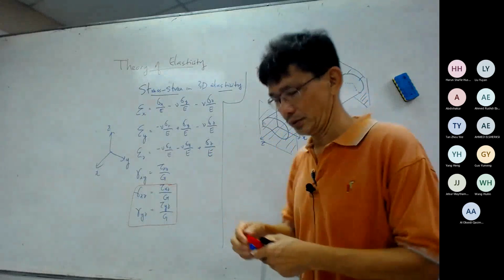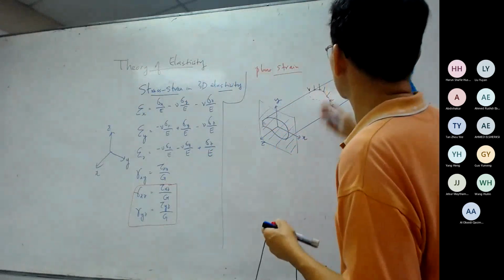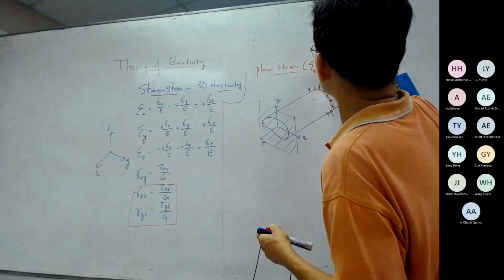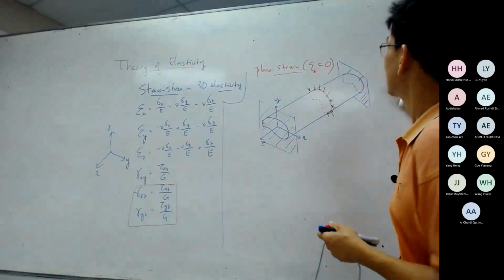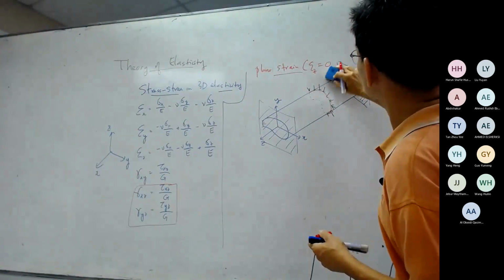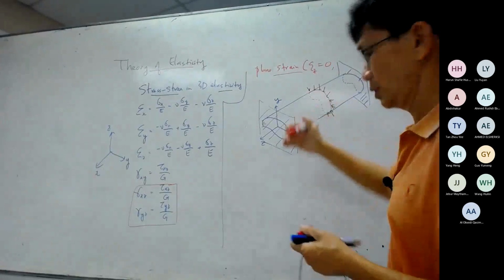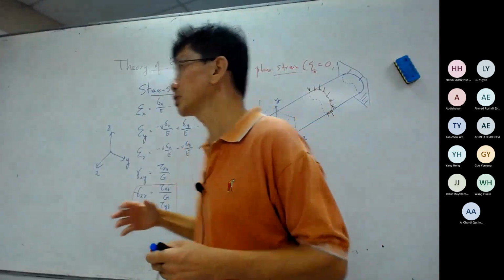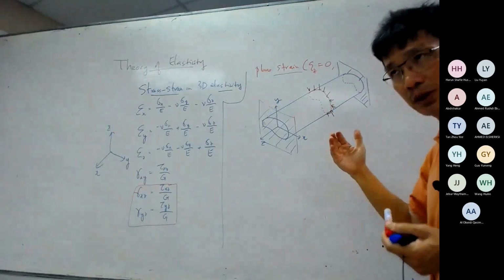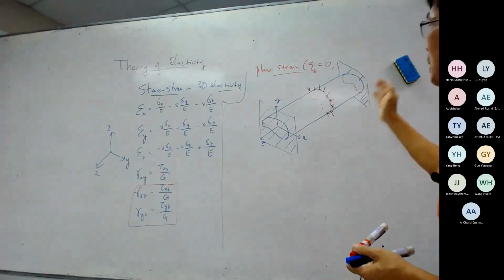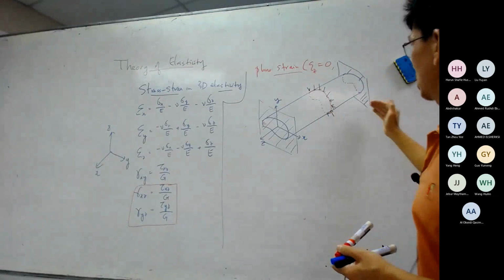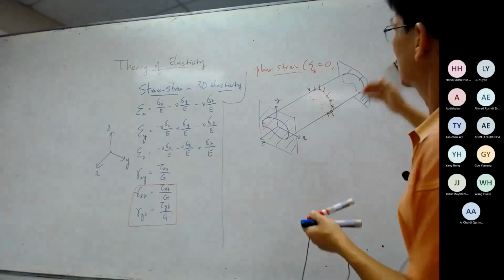So for that reason, in the plane strain problem, epsilon z becomes 0, because of these two rigid surfaces, and you do not have any forces which will cause any change in length in this direction. Because this is rigid, the length never changes.